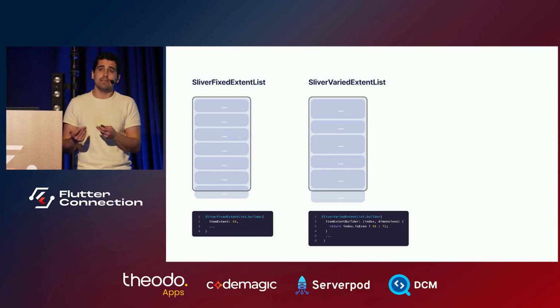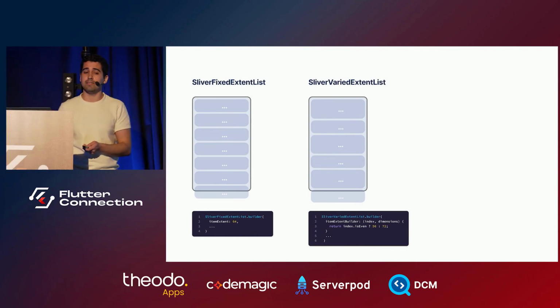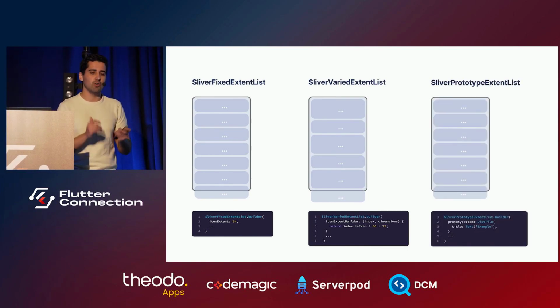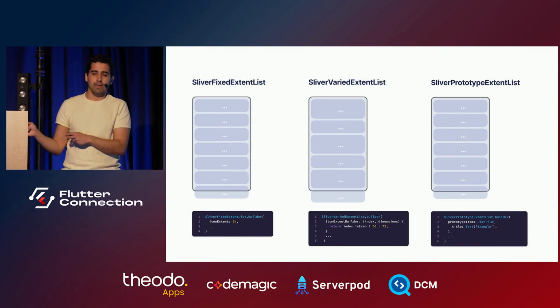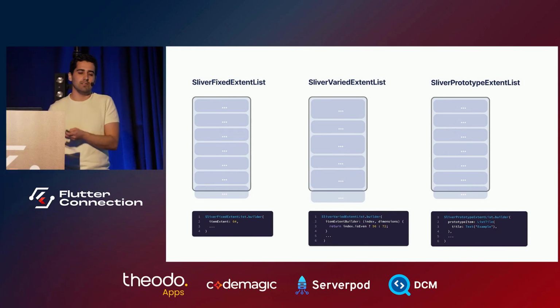If we don't know the size of the item itself, but we know all of them are the same, we can use the SliverPrototypeExtentList. What it does is use just one widget, the prototype item, and calculate the size for all of our items using that single item. So imagine we have 100,000 items. We can, with just one, calculate the layout of all of them.